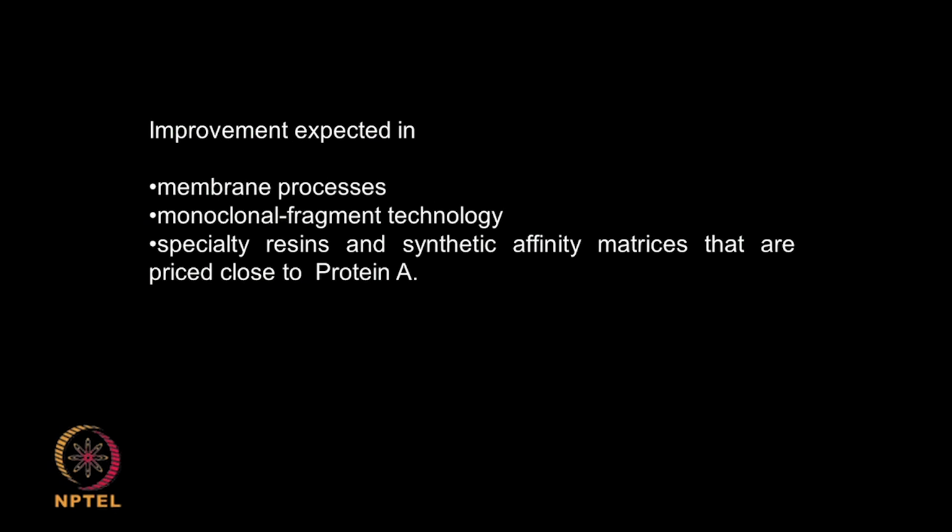The membrane, as I talked about quite a lot, is going to be improved further and further. Monoclonal fragment technology, new resins, new affinity matrices that will be looked at, better pricing for protein A. So the pricing of these specialty resins, synthetic affinity matrices is going to be an issue which will be improved further and further.